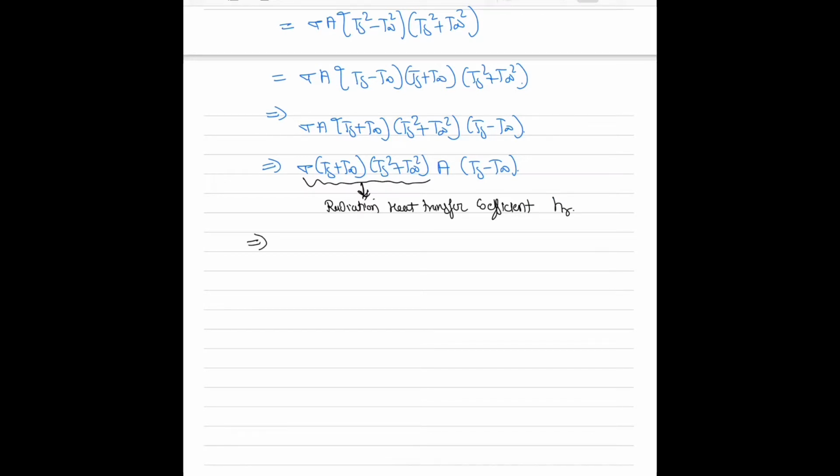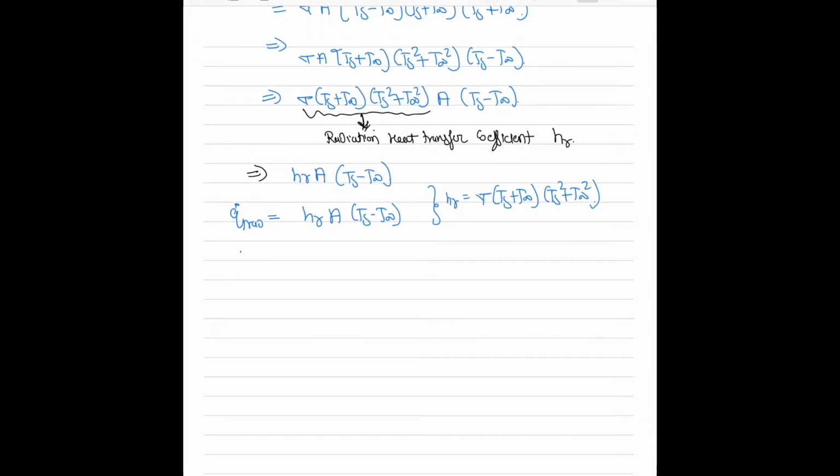On rearrangement, I can write our radiation heat flux equal to HR A T surface minus T infinity, where HR equal to sigma T surface plus T infinity, T surface square plus T infinity square.